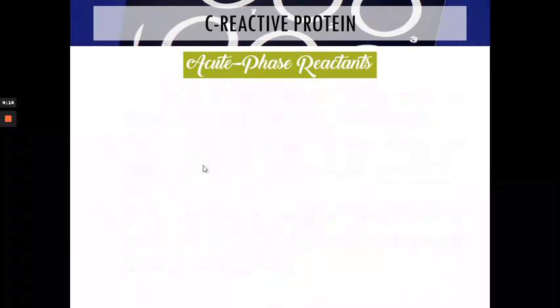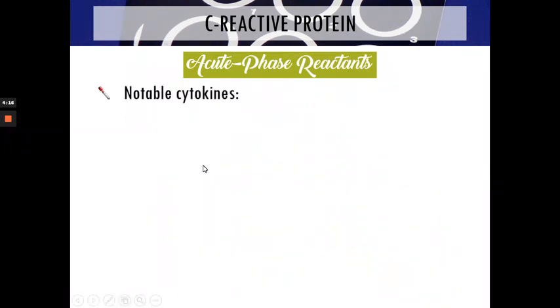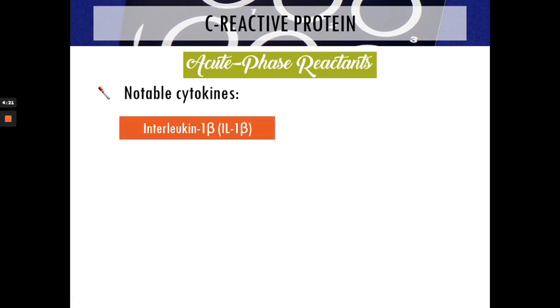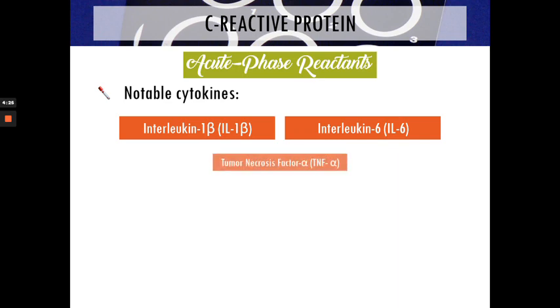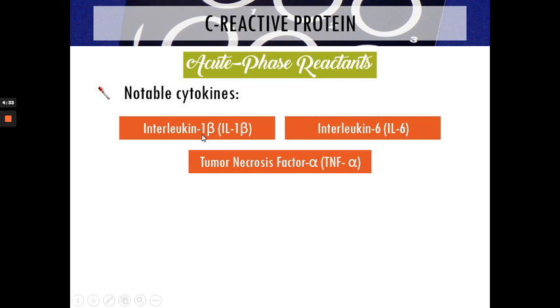Okay, now what are these cytokines that influence the increase also of your acute phase reactants? You have interleukin 1 beta, all right? You have interleukin 6, and of course, your tumor necrosis factor alpha, all right? So I don't know if you can remember IL-1. Kaning IL-1, usually this is the interleukin that is associated with your fever, that induces fever.